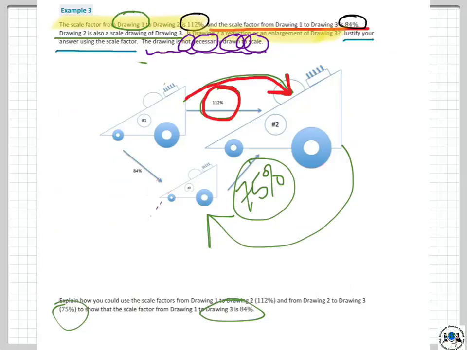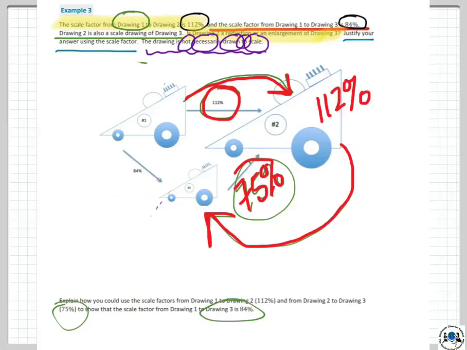So now this becomes 112%. Now this is a reduction here of 75%. And again, this may not make any sense at the end, but maybe it will.